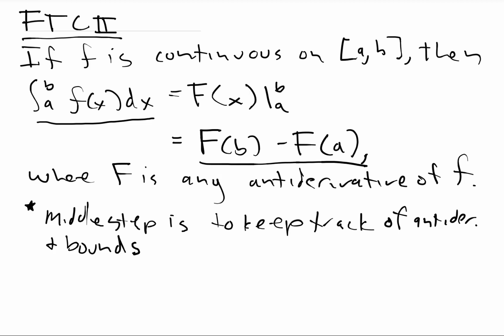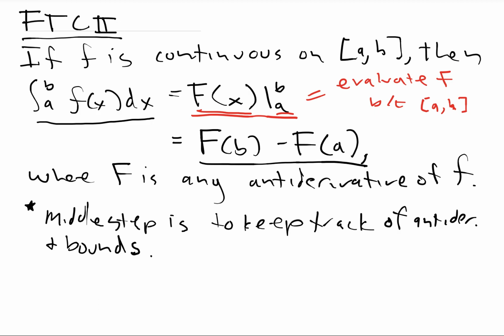The way that I want to read that, this middle step, I'll underline in red here, is: evaluate f between my interval a and b, my endpoints a and b. So it's really just a placeholder step. We hit this point where we've taken an antiderivative, but we haven't plugged the bounds in yet. We can remind ourselves what antiderivative I just got, and we can also remind ourselves what bounds I need to plug in later. That's all this middle bit is about.